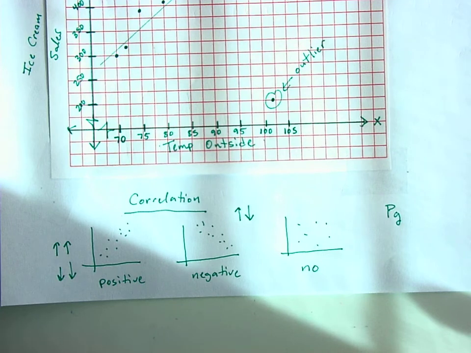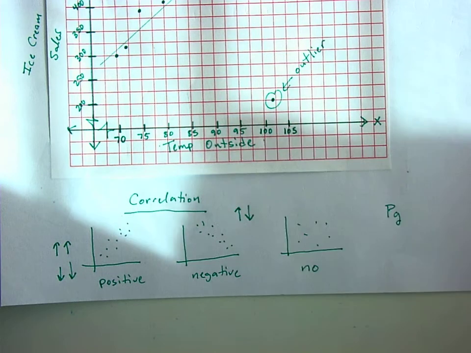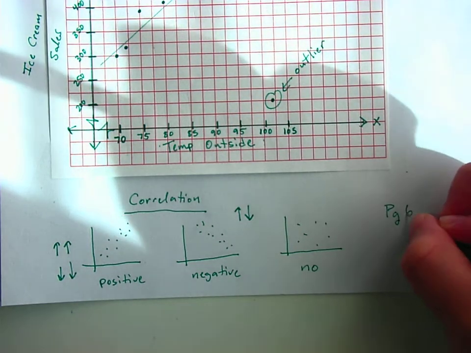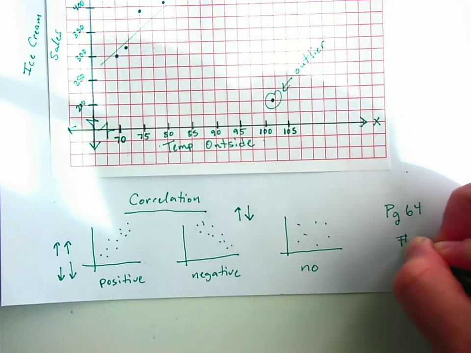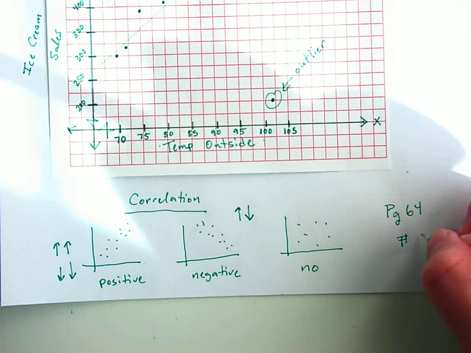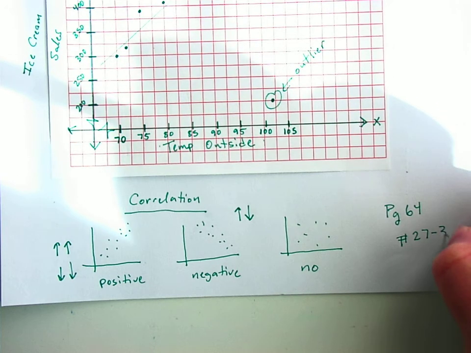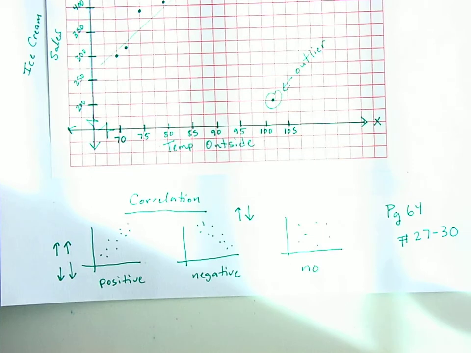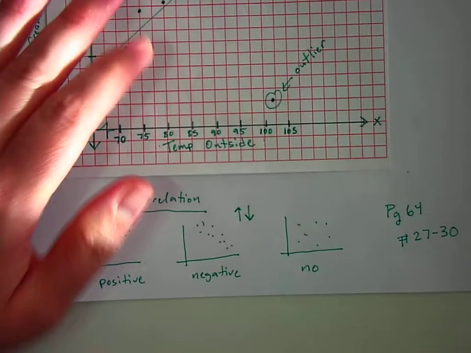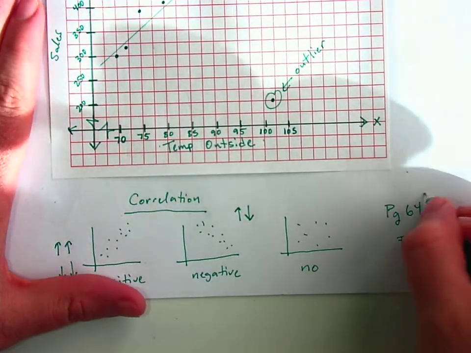The assignment is page 64, numbers 27 through 30. So 4 total graphs. And again, that's due Friday with the second assignment that I'm going to give you tomorrow.